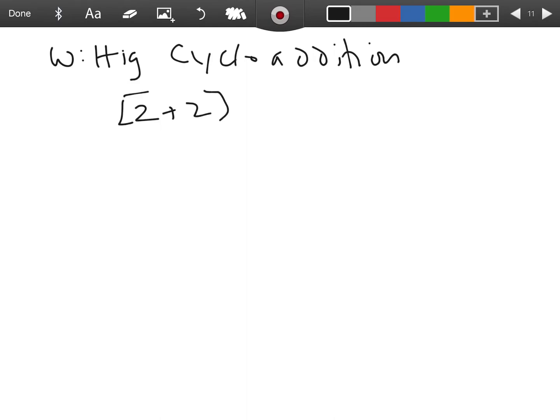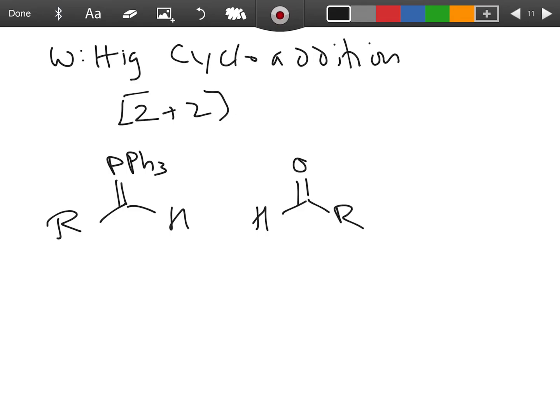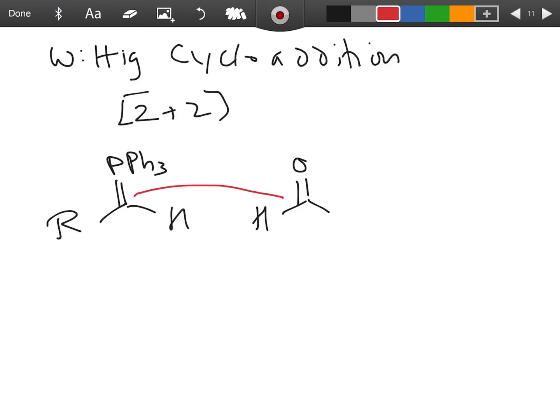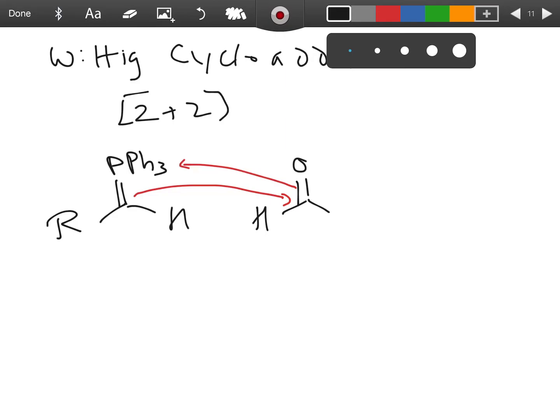So you're going to have your R, triphenylphosphine and H, and you're going to have your H and your R. We'll make this methyl, consistent with what we had before. You can see that these electrons would go here, and these would go there.